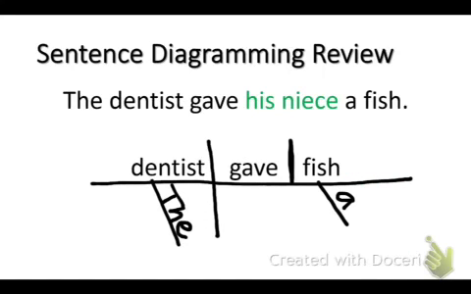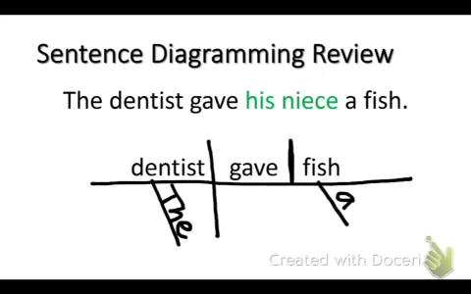In this slide, I'm going to show you how to diagram an indirect object. Remember that the indirect object is the person or thing that receives the object. So in this case, the dentist gave his niece a fish. I already have the sentence and the direct object diagrammed. We're going to add his niece underneath gave.